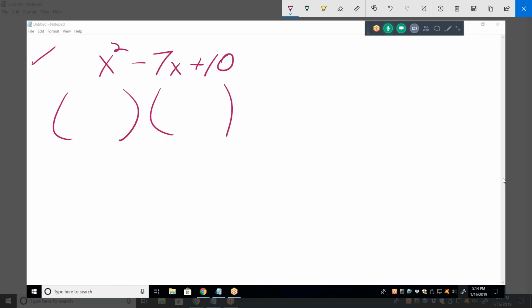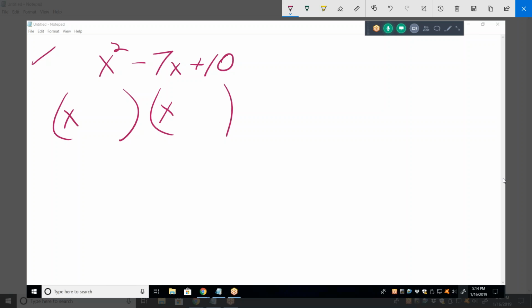First step is you're going to split up the x squareds. There's only one way to split them up. After I've split them up, I multiply them back together again just to make sure that that is my first term. It is. Second step is you figure out both signs, not just one, but both.